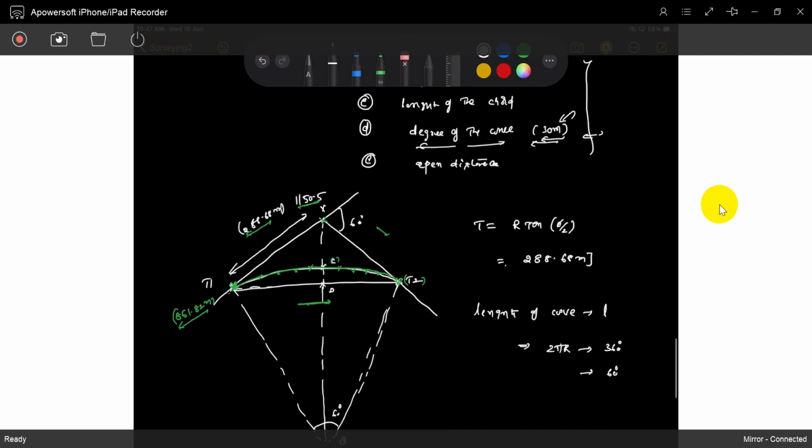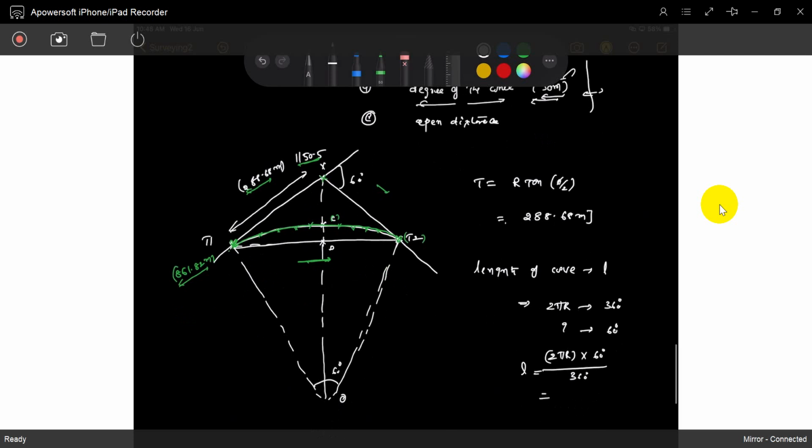So for 60 degrees, L is 2 pi r into 60 degrees divided by 360 degrees. You can easily calculate it. It is 523.6 meters. So the length of the curve is 523.6.